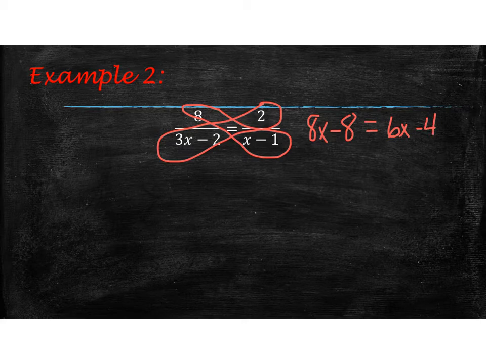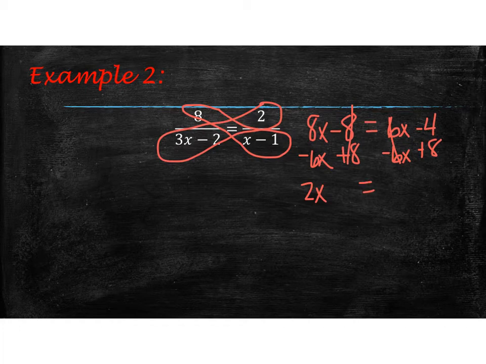Then go ahead and solve it. So let's get our x's together by subtracting 6x. So that gives us 2x. And then go ahead and add 8 to the other side here to get that to cancel. So we'll have 2x equals 4. Divide by 2, so x equals 2.